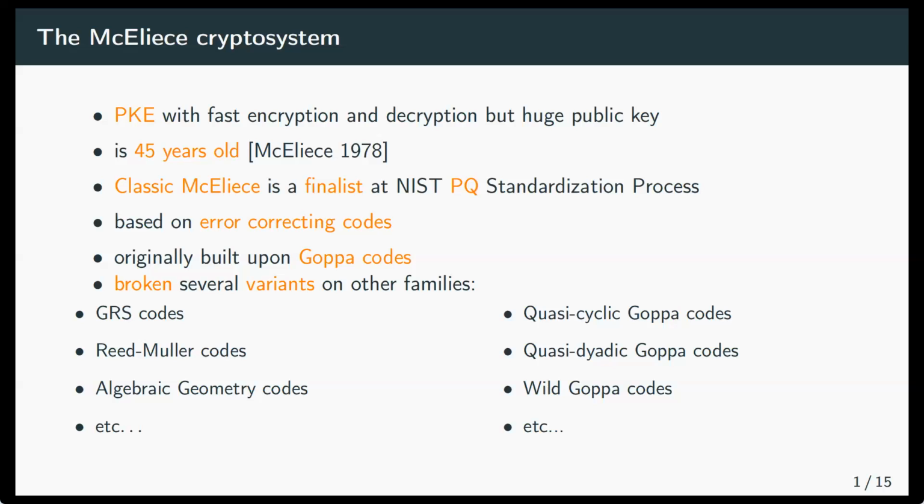Now, this is really a crucial point because during the years, there have been many attempts to replace Goppa codes with other families, but almost all of them have been broken. I can mention some families that are related to Goppa codes, but not the same, like generalized Reed-Solomon codes or algebraic geometry codes on one hand, and on the other, structured versions of Goppa codes, like when we add a quasi-cyclic or a quasi-dyadic structure, but for all of these, there have been efficient structural attacks.